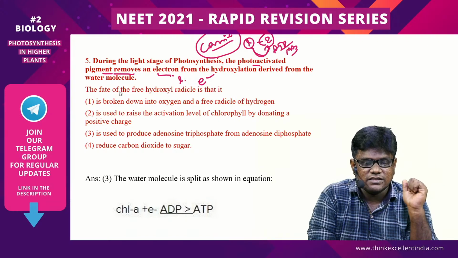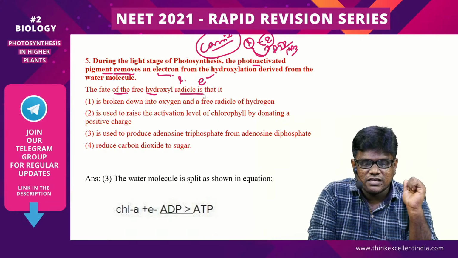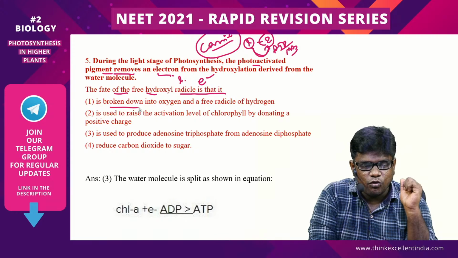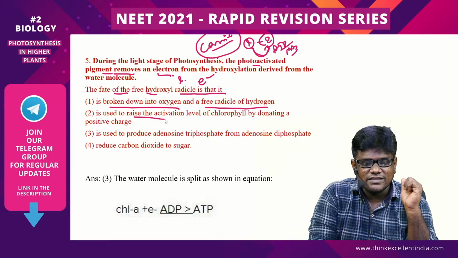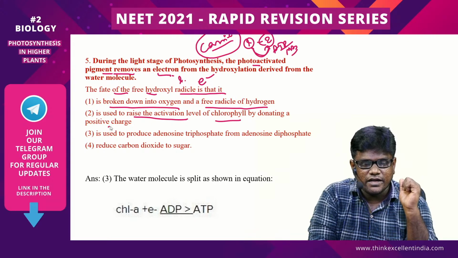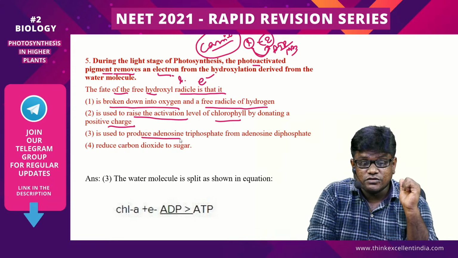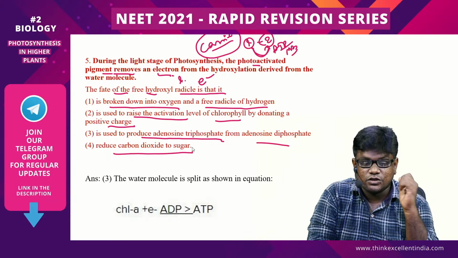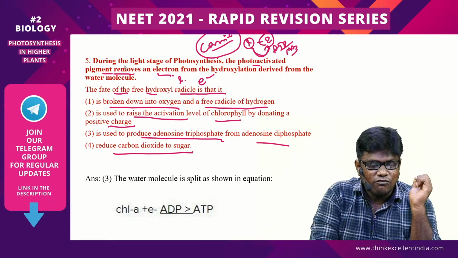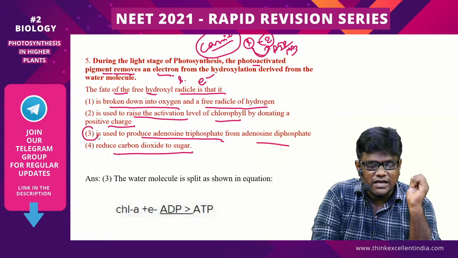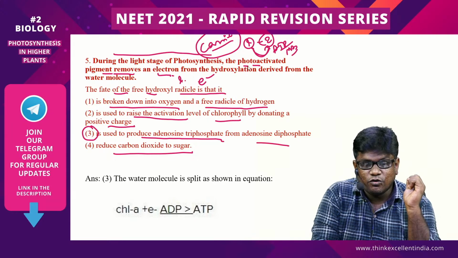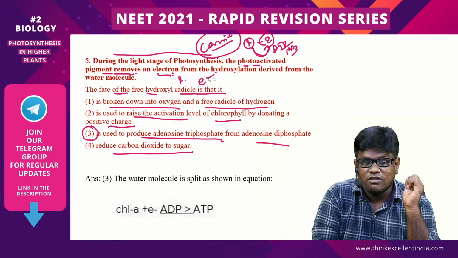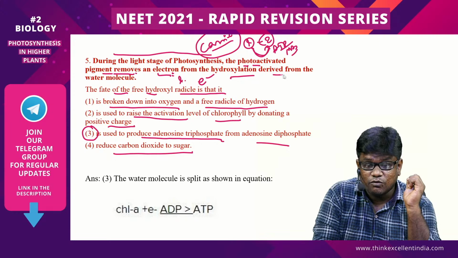And here you can see the fate of the free hydroxyl radical is that it is broken down into oxygen and free radical of hydrogen, and raises the activation level of chlorophyll by donating the positive charge, or is to produce adenosine triphosphate from adenosine diphosphate, or reduce carbon dioxide to sugar. So option 3 is the right answer, because during the light stage of photosynthesis, the photoactivated pigment removes an electron from the hydroxyl derived from the water molecule.